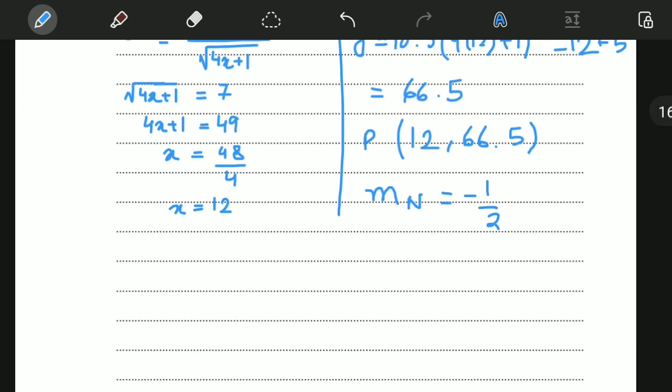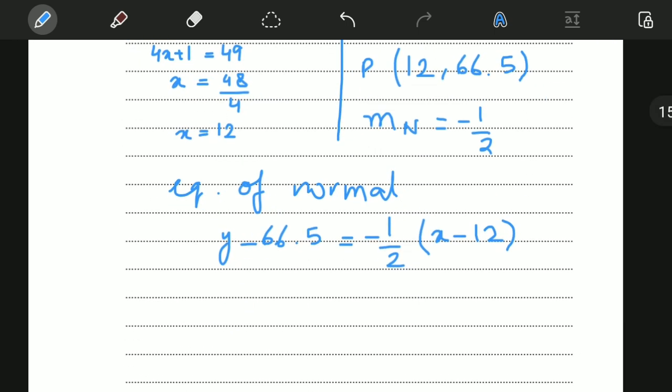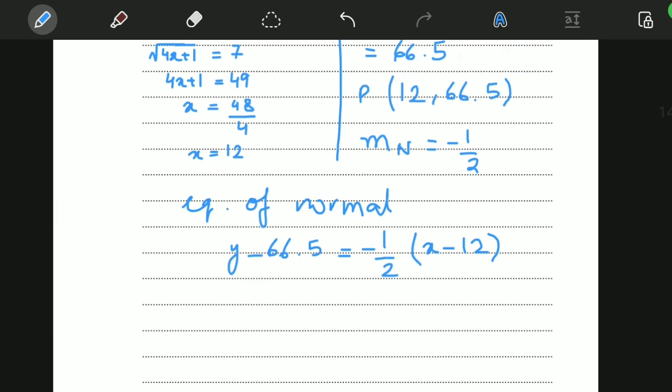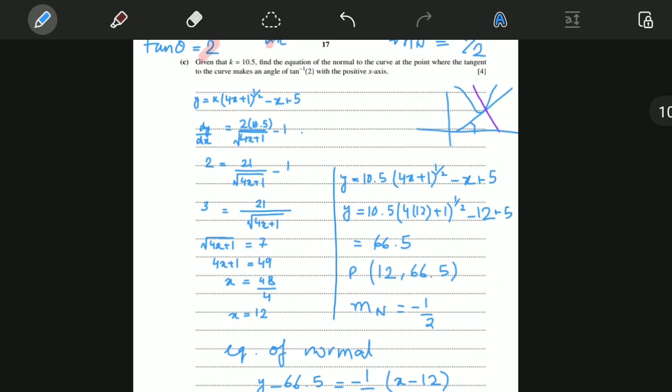So writing the equation of normal, y minus 66.5 equals minus 1 by 2 times x minus 12. You don't need to simplify it further. This is completely okay.